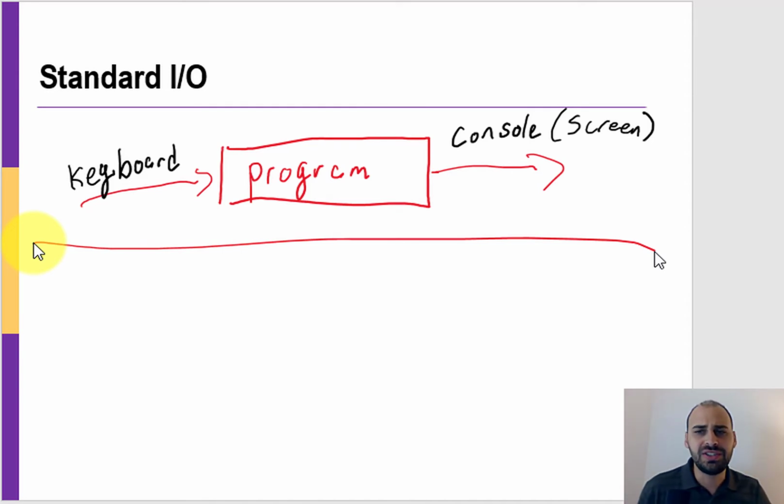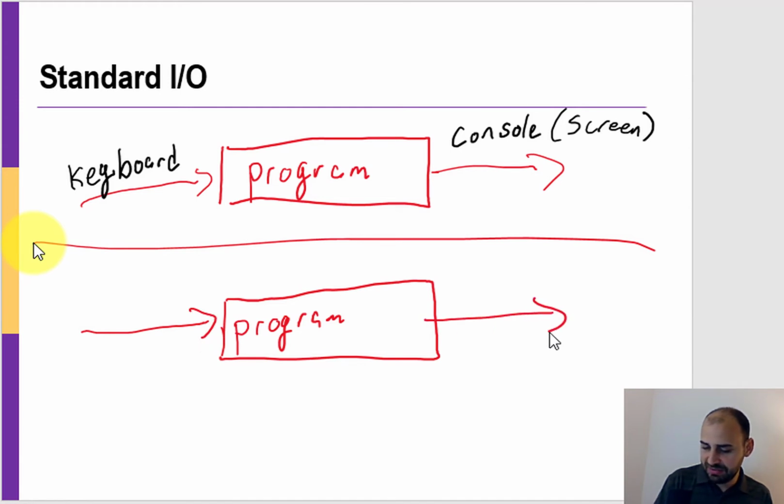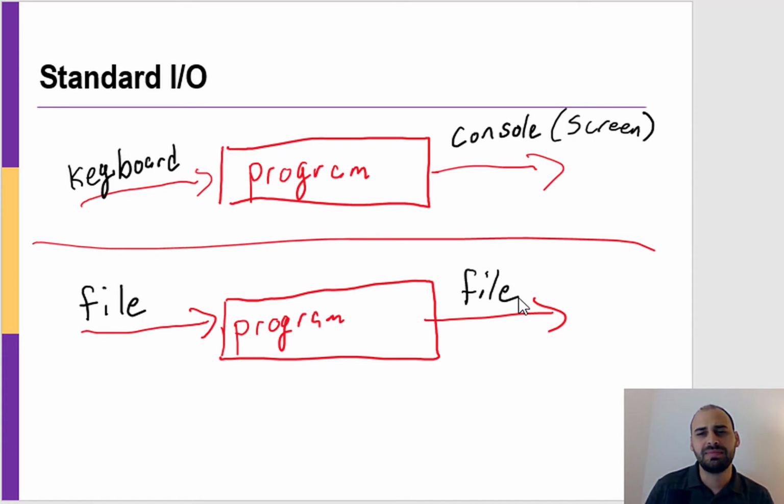We can change this such that our program has inputs coming from some other source. Instead of coming from the keyboard, we're going to change this to be coming from some other location, such as a file, and the program's spitting out something to a file, or some other source.